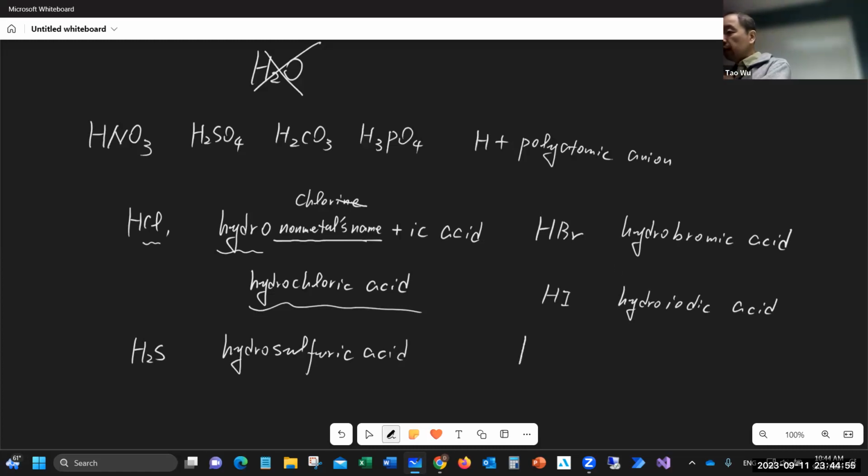Go ahead and name those two, H3N and H3P. You have probably never seen these, but they are also a kind of acid. It's a rare one, but you can still follow the rule to give it a name.